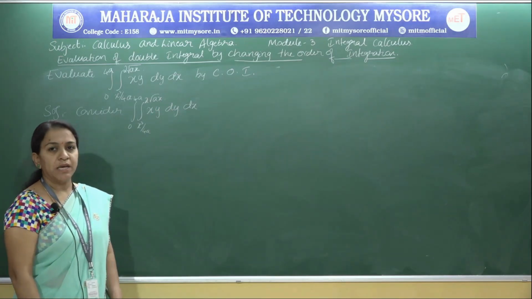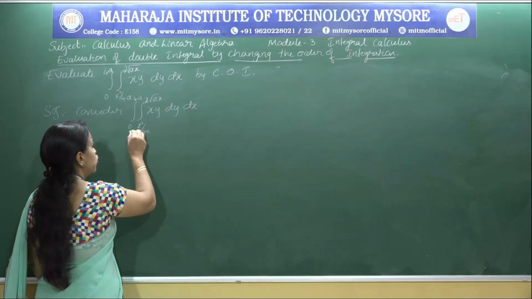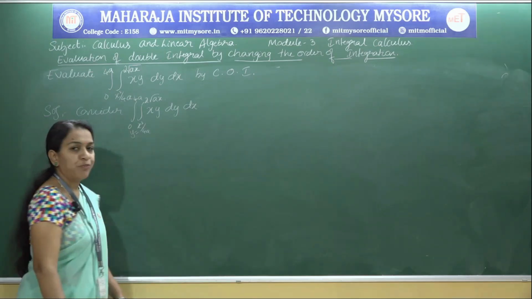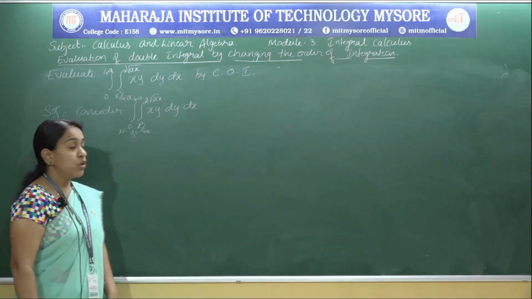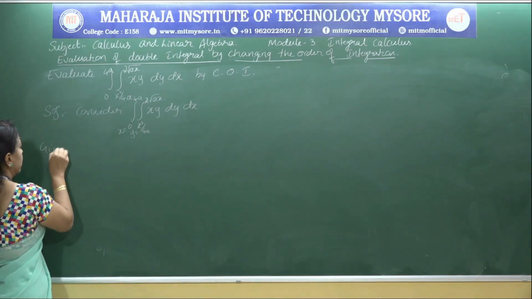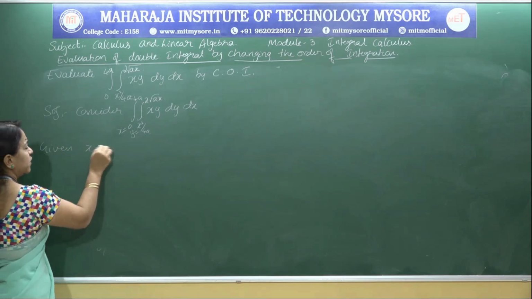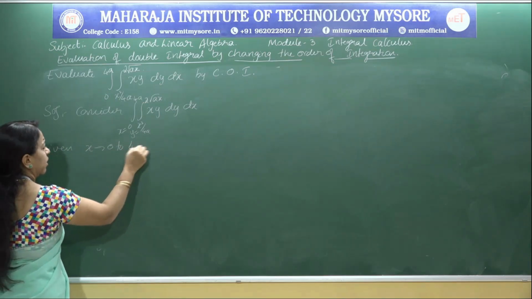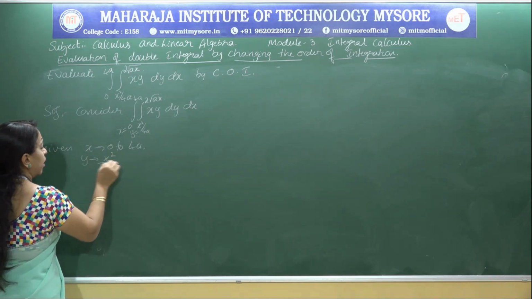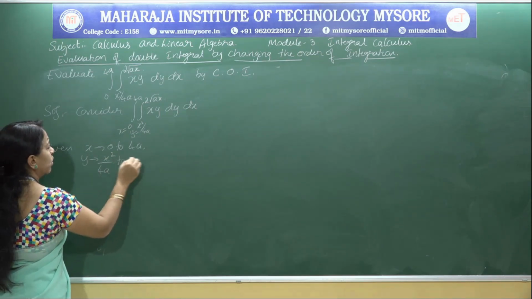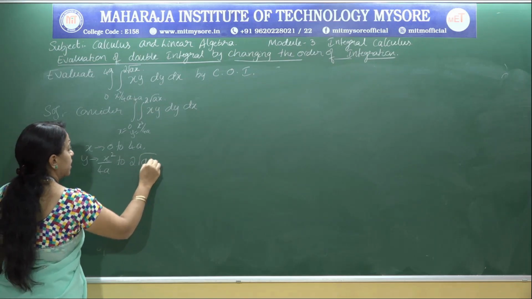Since x is in a constant limit place, we know that the other one should be the limit of y, and the other will be the x limit. So given x varies from 0 to 4a and y varies from x square by 4a to 2 times of root of ax.